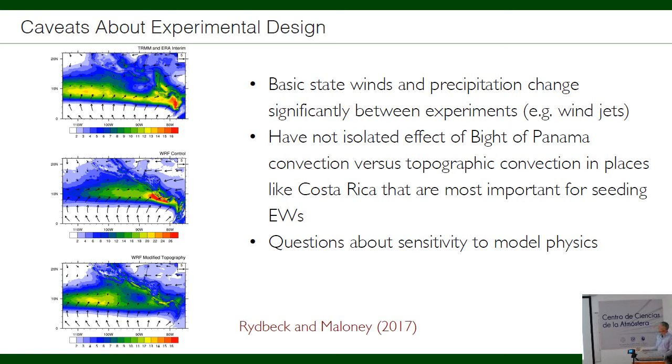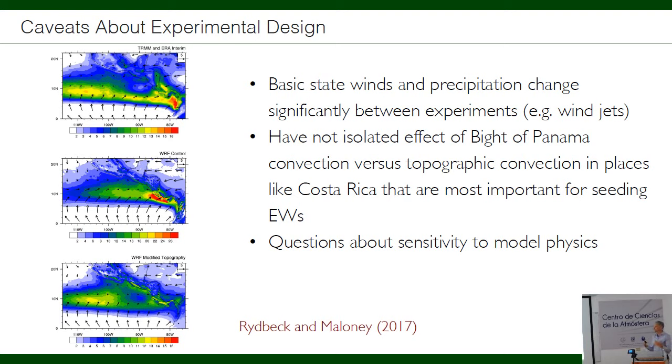The other thing that we have not isolated in this experiment is that I was arguing that the Bight of Panama was the most important source of convective pulsing, but there is also generation of convection along the north coast of South America. There's generation of convection in Costa Rica, on diurnal timescales.